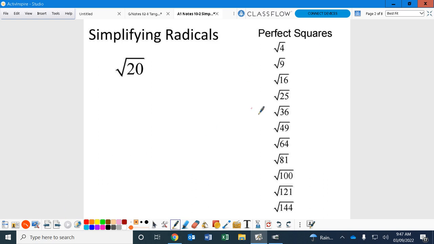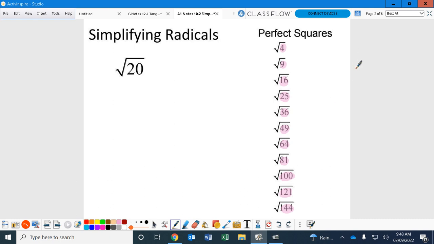Let's review these perfect squares and talk about these as we go through this. Guys, this is something that a lot of people don't get. These numbers right here are the perfect squares. These numbers, not what they're equal to, these numbers are the perfect squares. Okay, and there are more of them. They keep going.